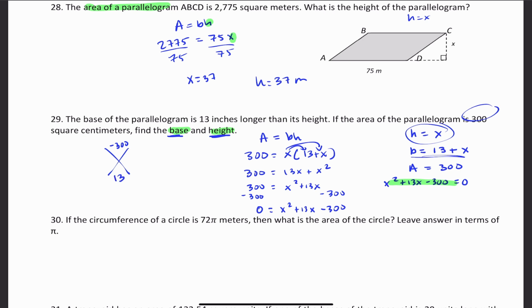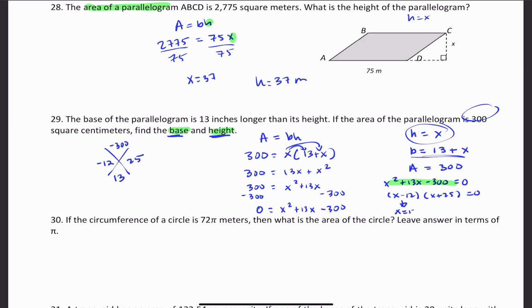The two numbers that multiply together to give me negative 300, but add up to 13 will be negative 12 and 25. So I have x minus 12 times x plus 25 equals 0.